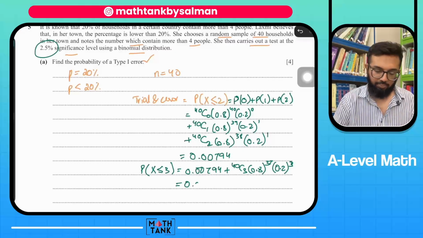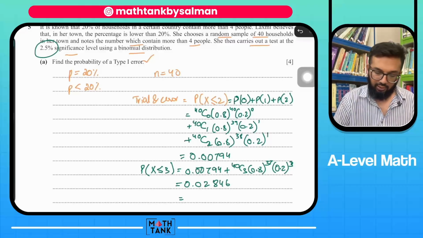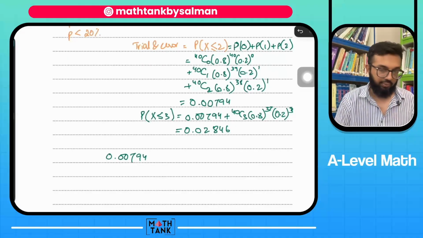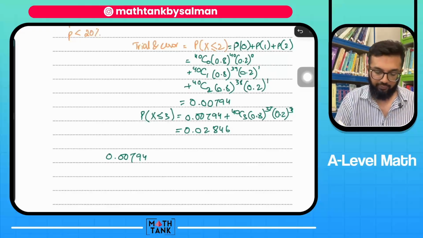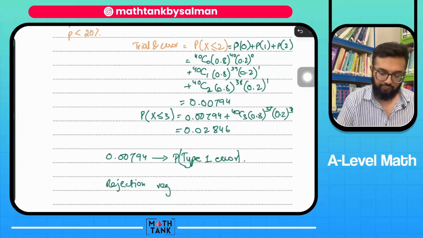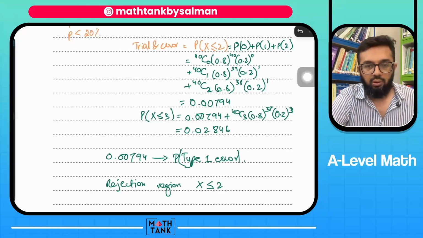Let's rapidly come up with that: 0.02846. That's now greater than 2.5%. So 0.00794 should have been the correct number. That's the probability of type 1 error. The rejection region is x less than or equal to 2.